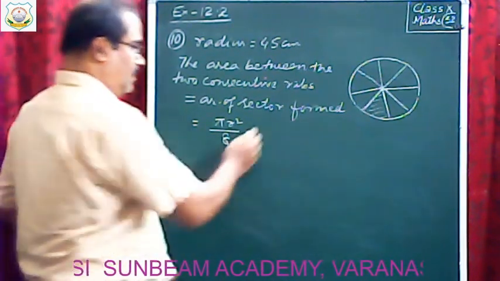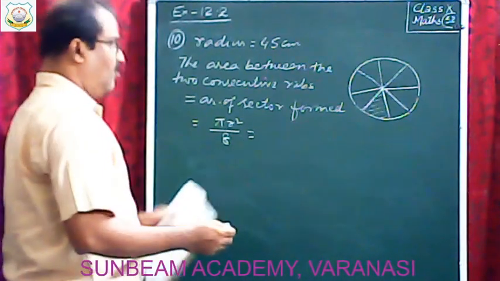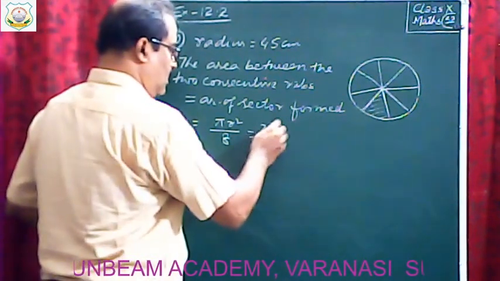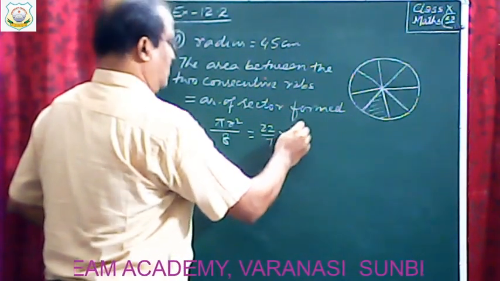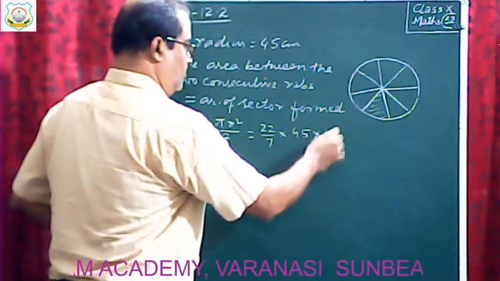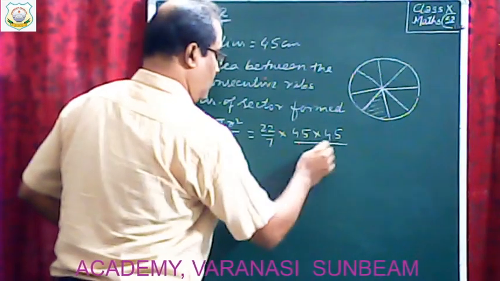Value of pi is not given, means you have to consider 22 by 7 into r square, 45 into 45, whole upon 8.